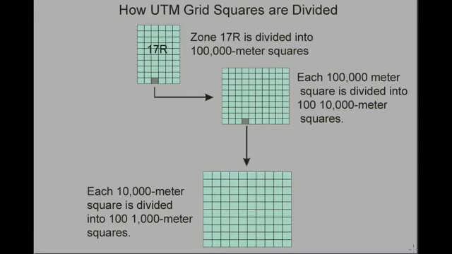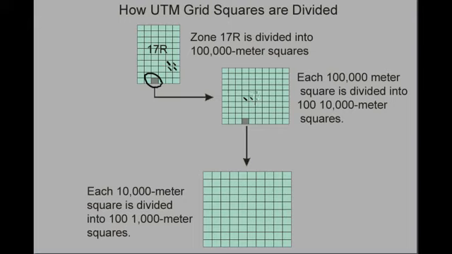Okay, so let's look a bit more at how UTM grid squares are divided. We said that quadrant 17R was divided into individual little squares that are 100,000 meters times 100,000 meters. So we're going to take one of those little squares and zoom in on it, and this 100,000 meter square is divided into 100 10,000 meter squares.